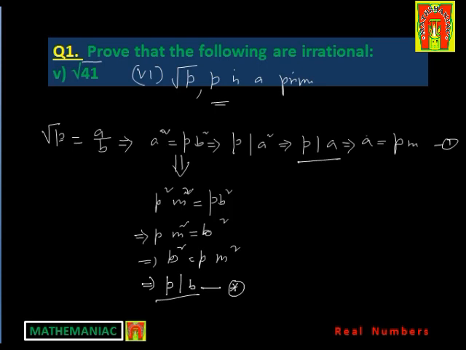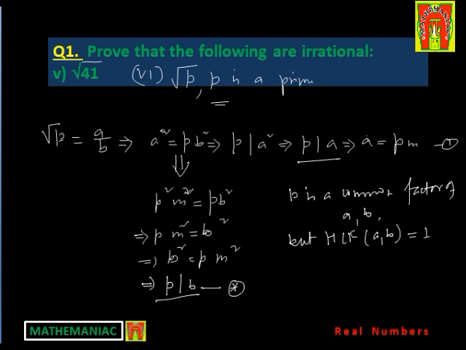So this will imply what? This will imply that p is a common factor of a and b, but HCF of a and b is equal to what? 1 by supposition.